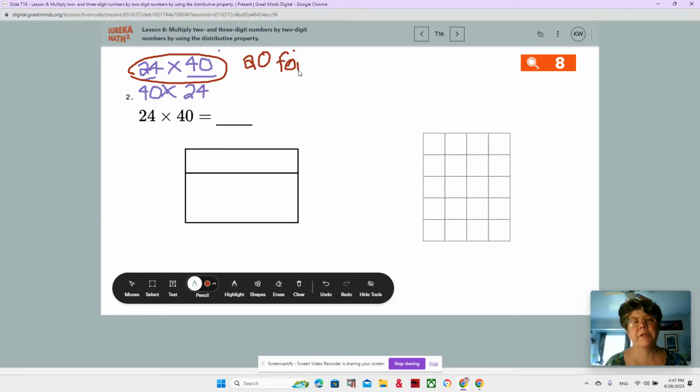So that would be 20 groups with 40 in each group. And add that to 4 40s, right? So we're just breaking our 24 apart into 2 pieces. So we have 20 40s and 4 40s.